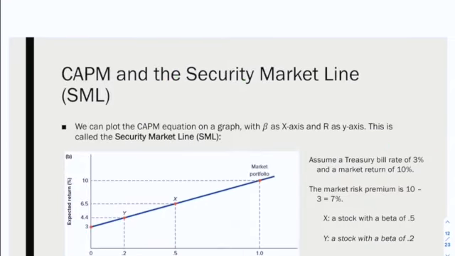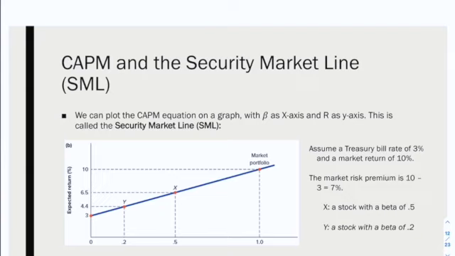Okay, and this line is called the security market line. It's basically a name for the CAPM on graph when we treat beta as x and R as y. And when x equals 0, beta equals 0, we have this cross with the y-axis, which is RF, right? When beta is 0, the return is risk-free return. And the slope is simply the market risk premium, the slope of the line.